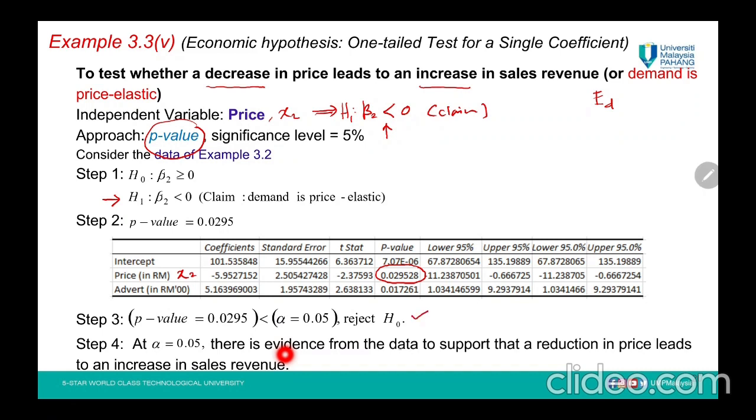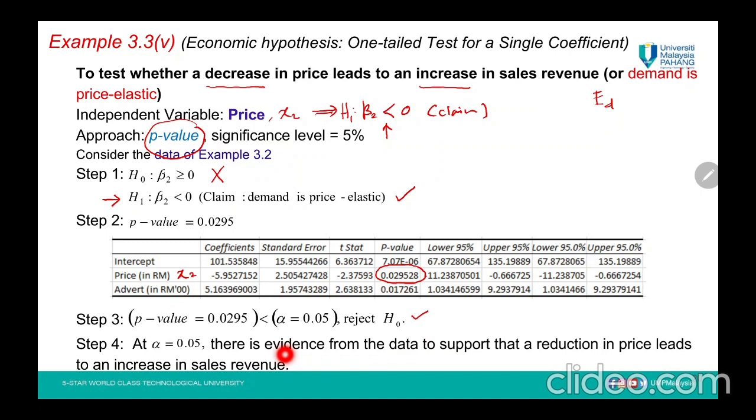So since we reject H0, in step 4, when we want to make a conclusion, reject H0 means that we accept the claim.